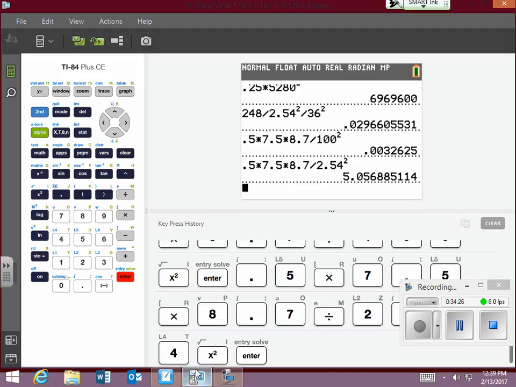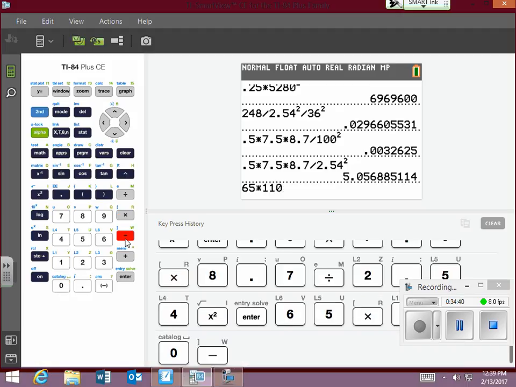Let's look. So we would have 65 times 110 minus, I gotta put a bracket around that thing. Okay, I have it incorrect. And we did 45 times 26, right?